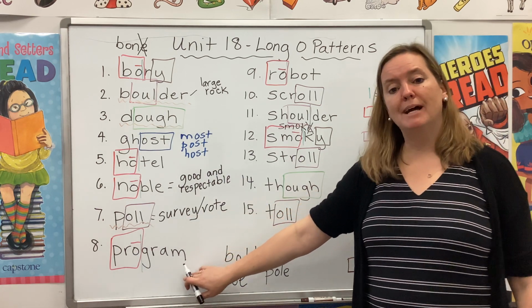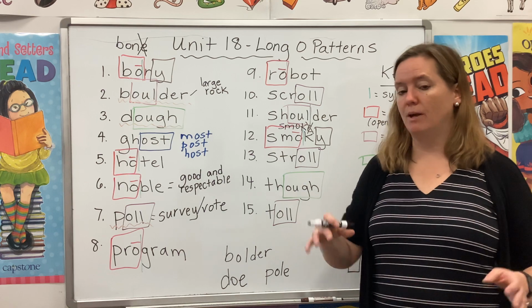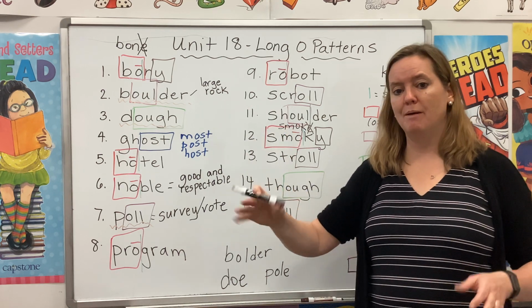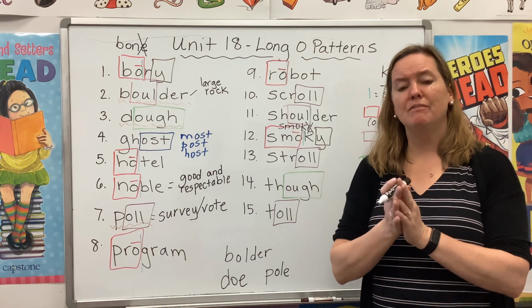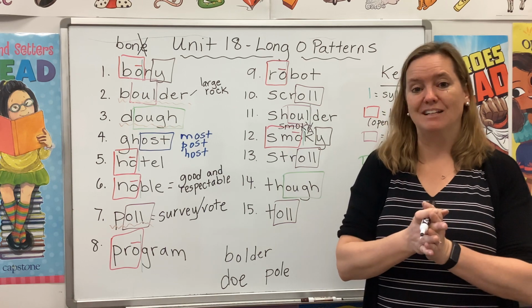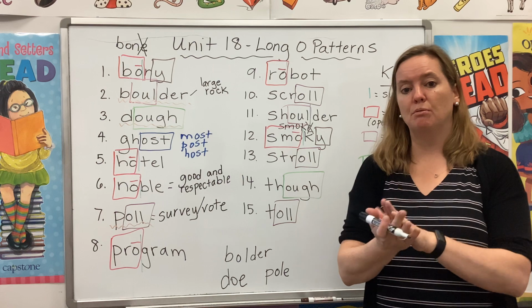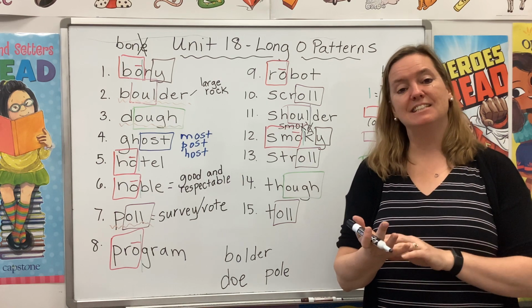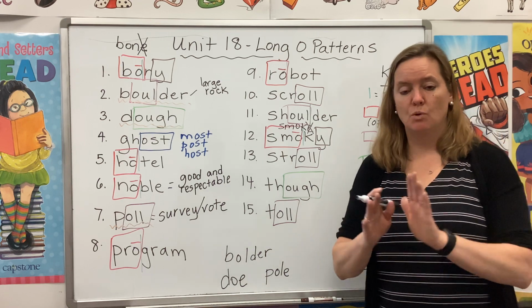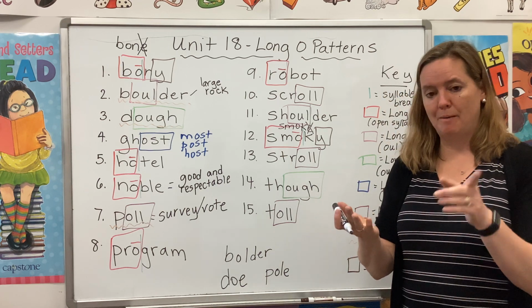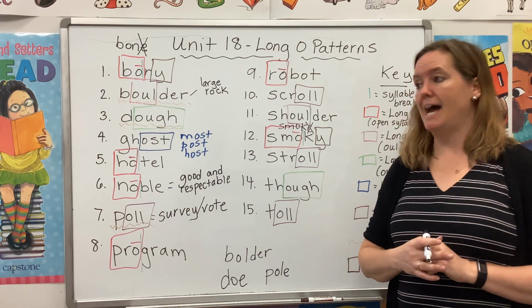A program could be a TV show, like, oh, that cartoon is my favorite program. It can also be a piece of paper that people give you. So if you're going to a chorus concert, somebody hands you a program and it lists the order of the songs or the different performance groups. So a program is something you open up and it tells you what's going to happen.